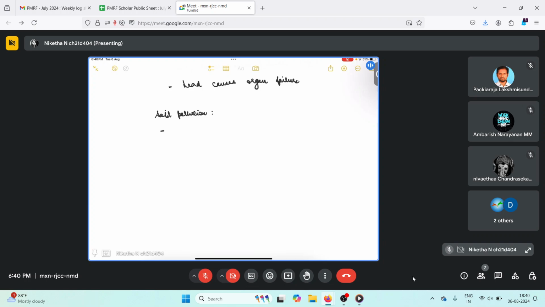Can it have a direct impact on humans? Sometimes, if there are heavy metals in the soil, these heavy metals tend to bioaccumulate.